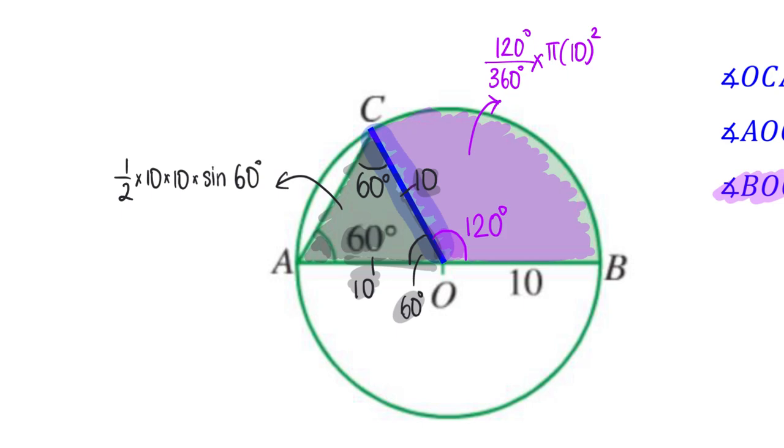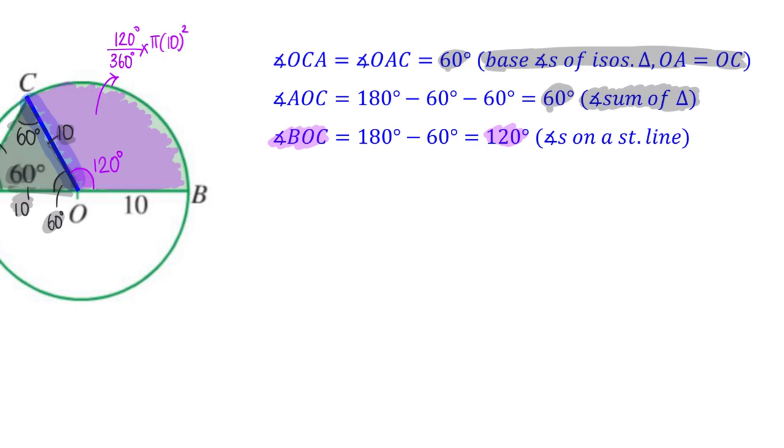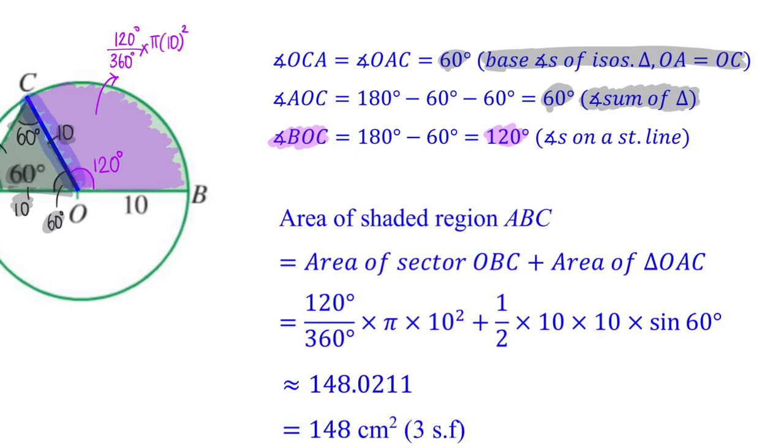Okay? Therefore, when you look at my fully presented working here, that's what I have just mentioned. Area of the triangle. This is the green color area. So the area of the shaded region is the area of the sector OBC and the area of the triangle OAC.